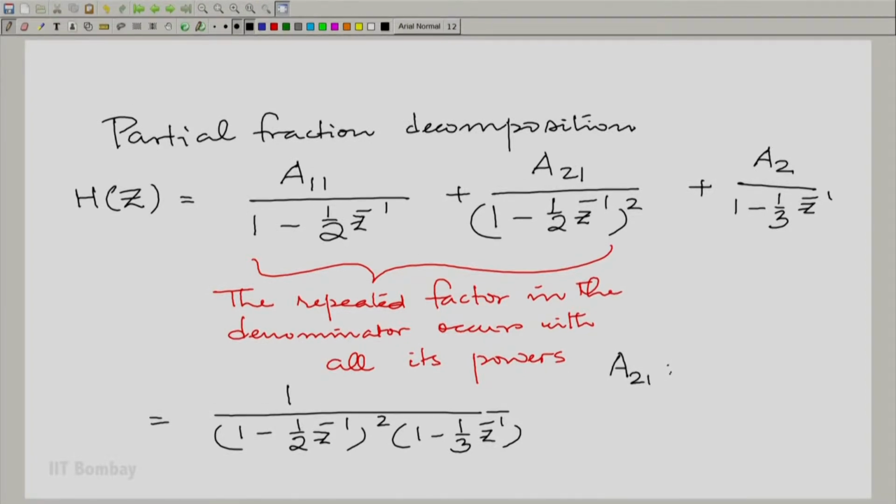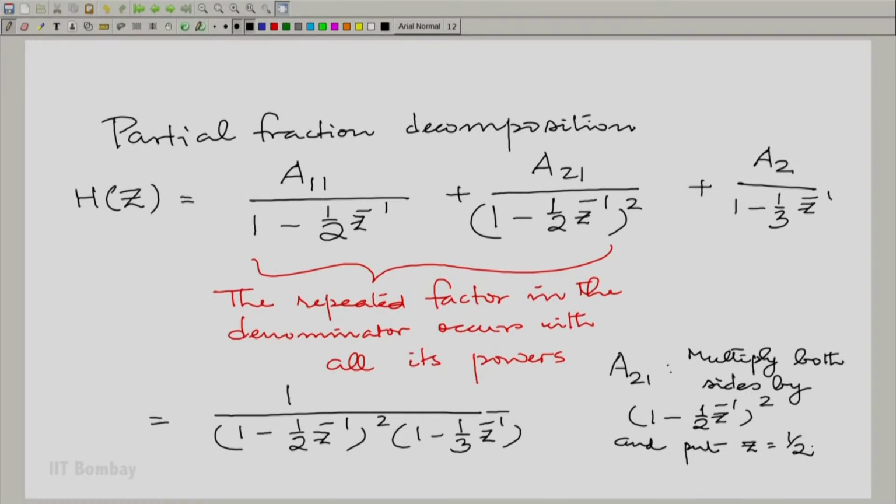We will multiply both sides by (1 minus half Z inverse) the whole squared and then put Z equal to half. Let us do that. You will of course get 1 divided by 1 minus 1/3, and Z is half, so Z inverse would be 2. So, 1 minus 2/3, that makes it 1/3 in the denominator, and therefore, A21 is equal to 3.